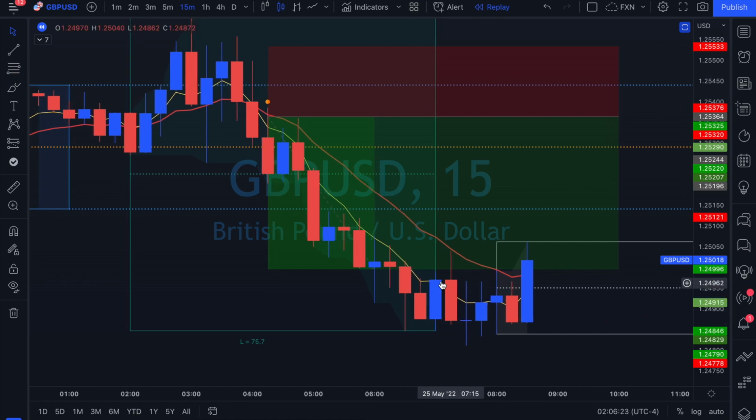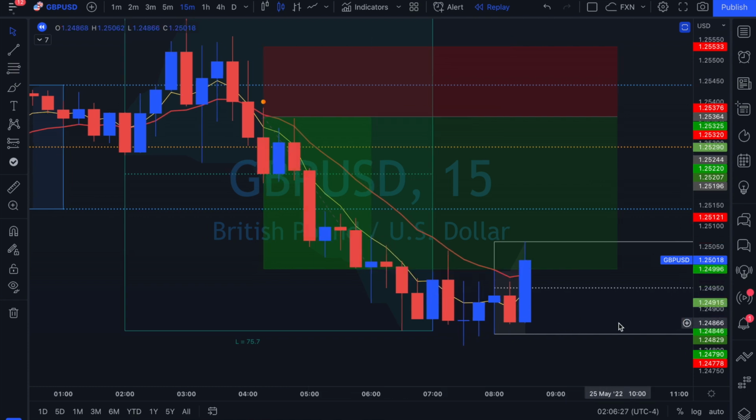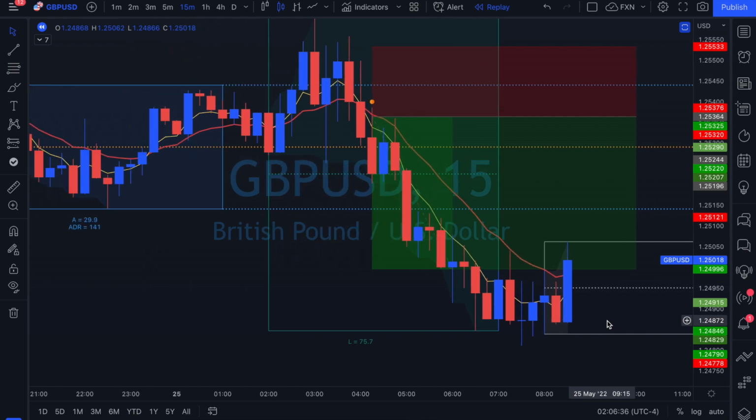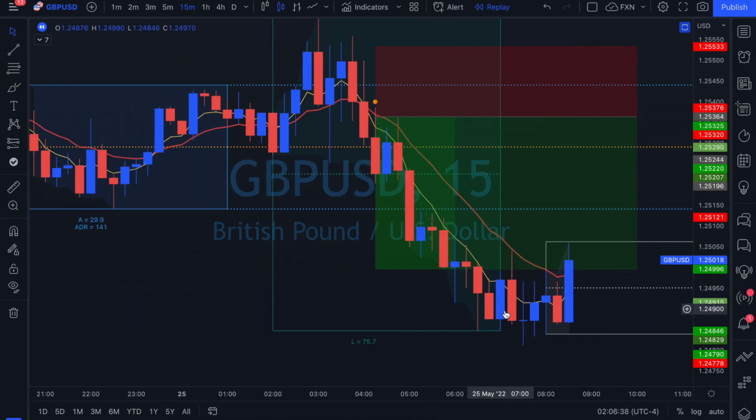Typically when you get a close above the 5 EMA, once you've passed your take profit point, price either is going to consolidate or reverse the majority of the time. All right, so that's how you would use the EMA 5 to extend out your take profits.